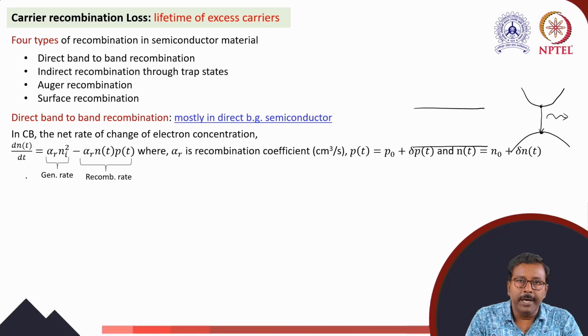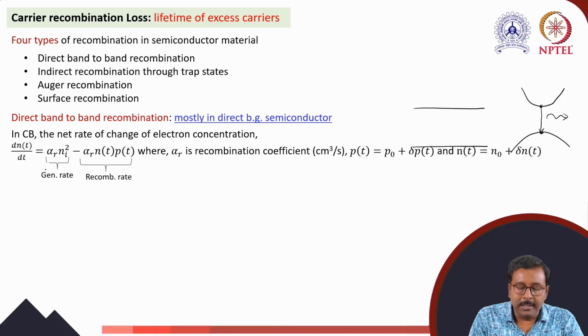And if we formulate these things, the recombination rate, that is the rate of change of carriers or electrons, say in an n-type semiconductor, dn/dt, can be written as alpha_r ni square. Why?